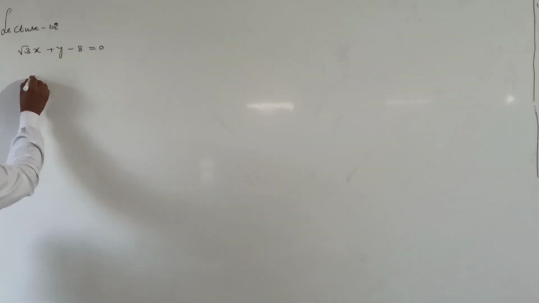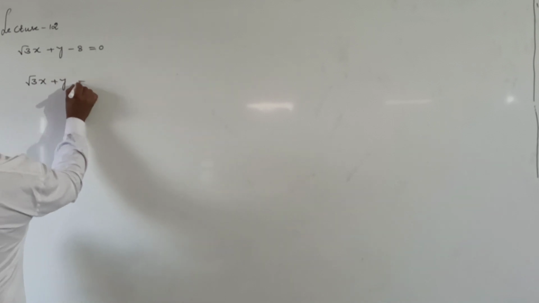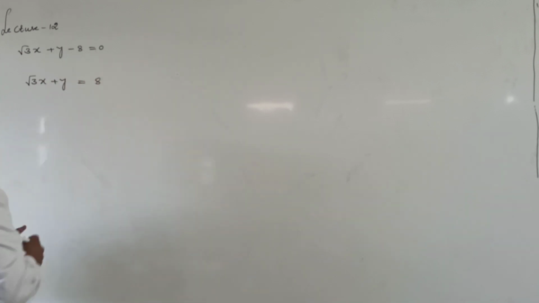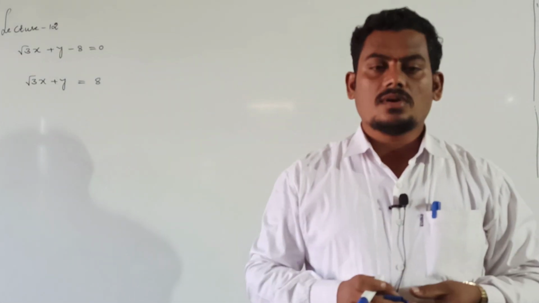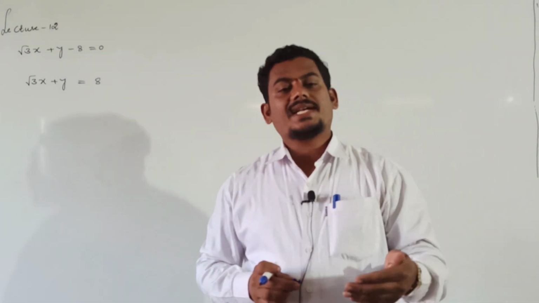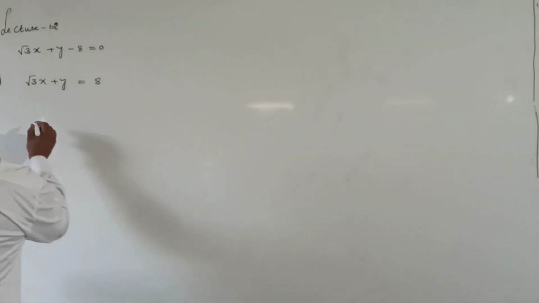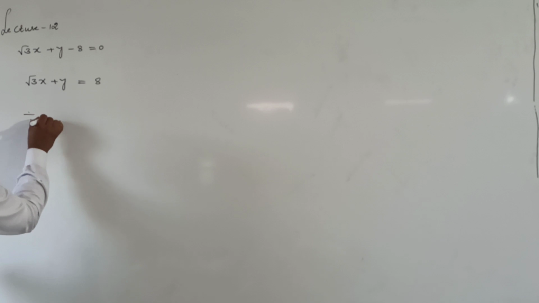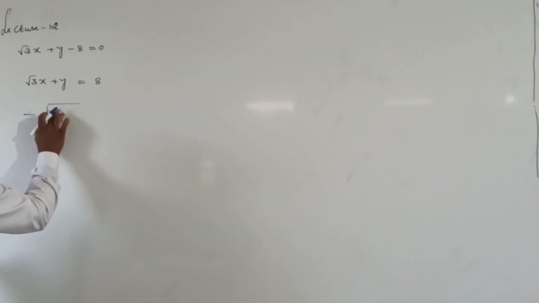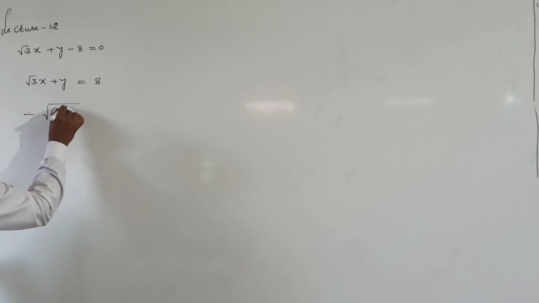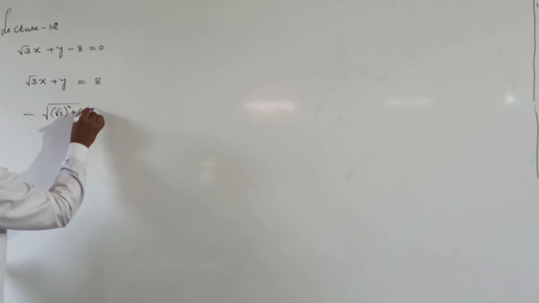Then root 3x plus y is equal to plus 8. Constant term sent to RHS. After that, divide each term by the square root of coefficient of x whole square plus coefficient of y whole square.